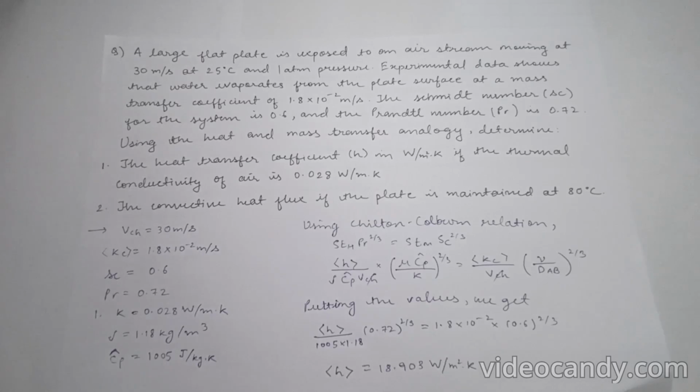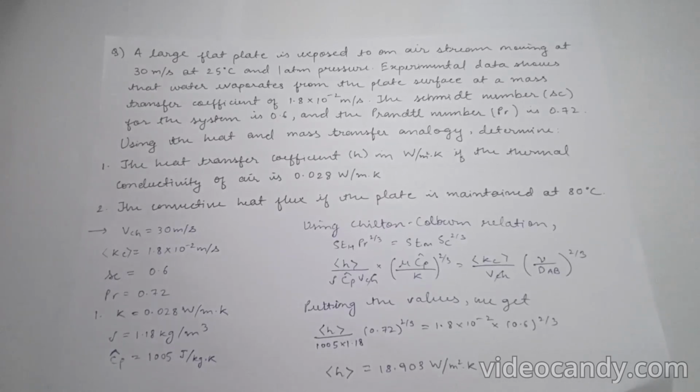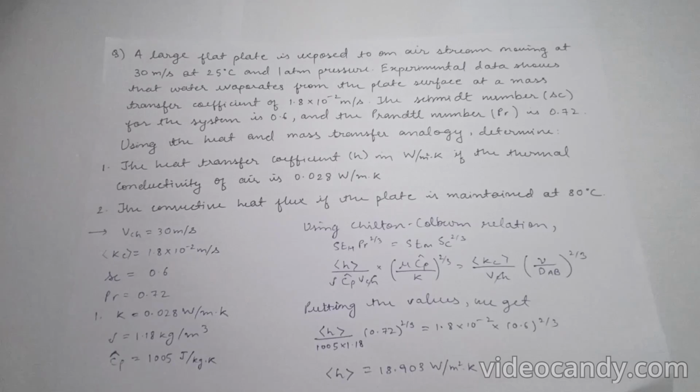Also we have been told that the water evaporates from the plate surface at a mass transfer coefficient of 1.8 into 10 to the power minus 2 meters per second. So we have been given the Schmidt number and Prandtl number and also the mass transfer coefficient.